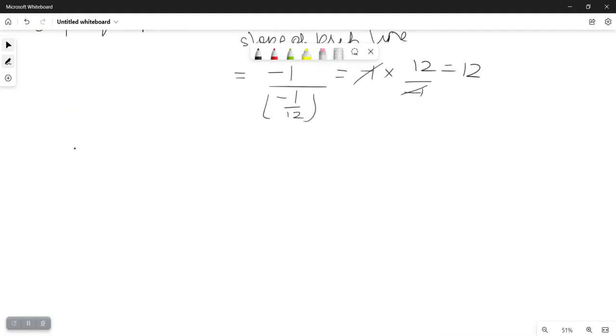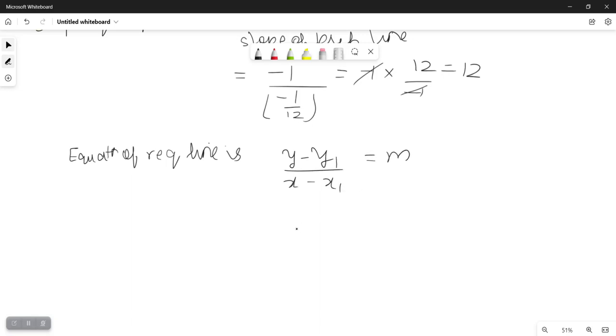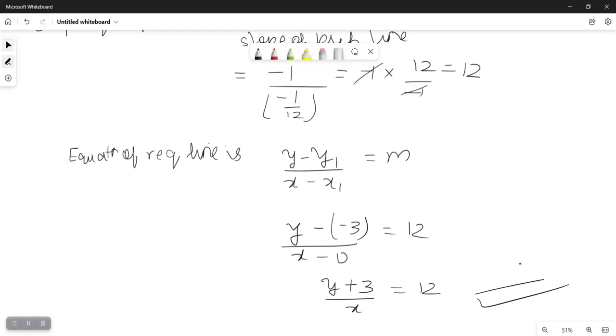So the equation of the required line, using the slope point form, is (y - y1)/(x - x1) = m. So we use (y - 3)/(x - 0) = m. So (y + 3)/x = 12. That's it. That's the equation.